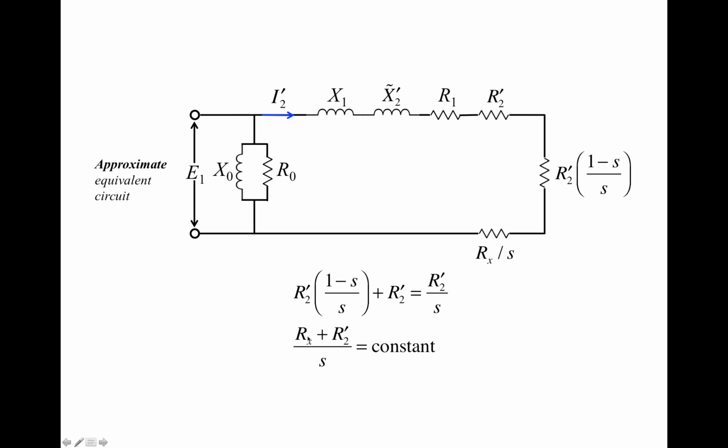So Rx plus R2 prime divided by S is now the total rotor side resistance, taking into account this external variable resistance added to the rotor. Rx can be varied so that the absolute value of this total rotor side resistance stays constant.